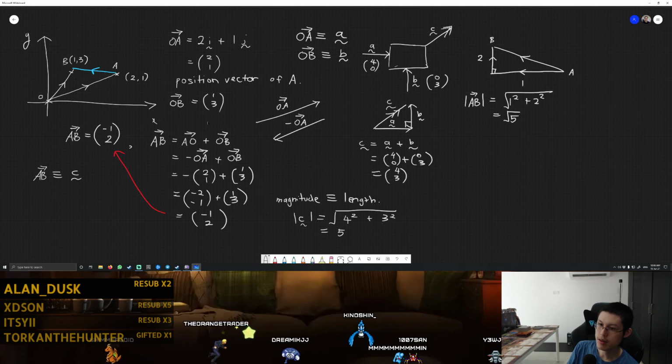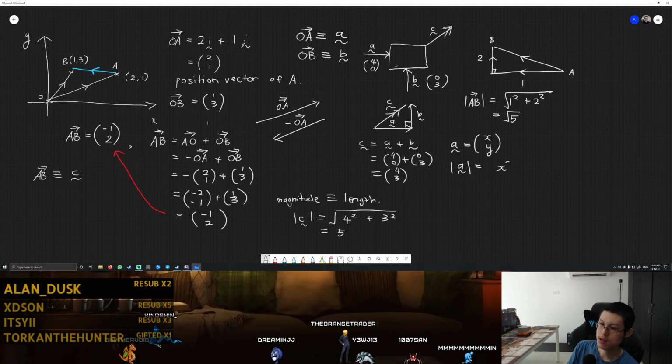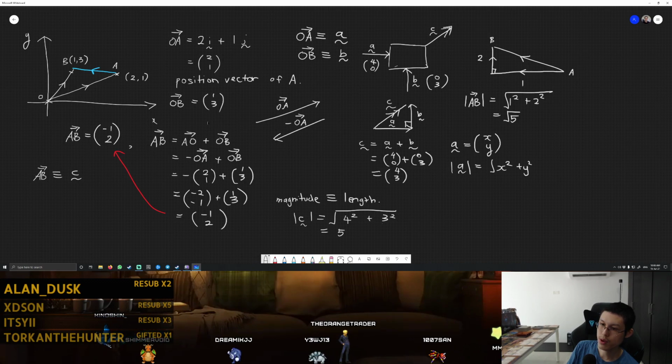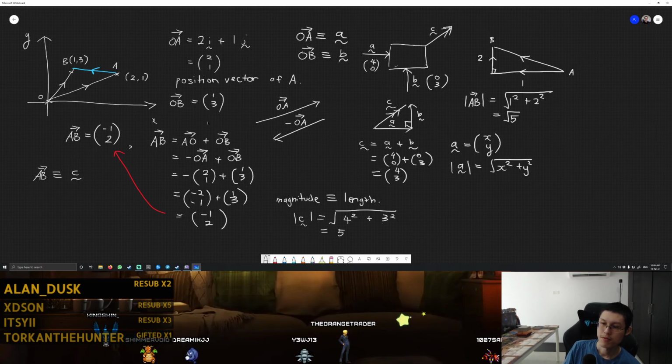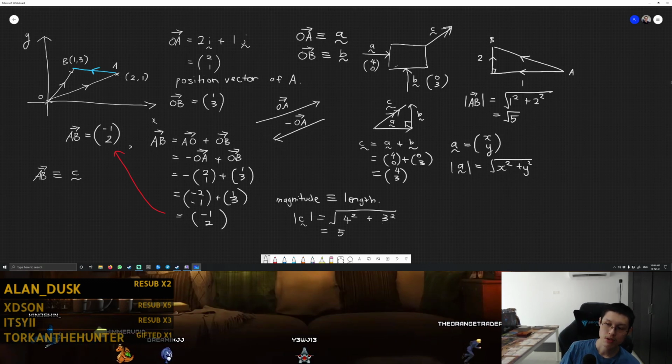So let's say I have some arbitrary vector A with some arbitrary values x, y. The magnitude of A is just going to be the square root of x squared plus y squared. Okay? That's all there is to it. So this is all you have done. Oh, actually no, there's something else. There's also something called the unit vector.